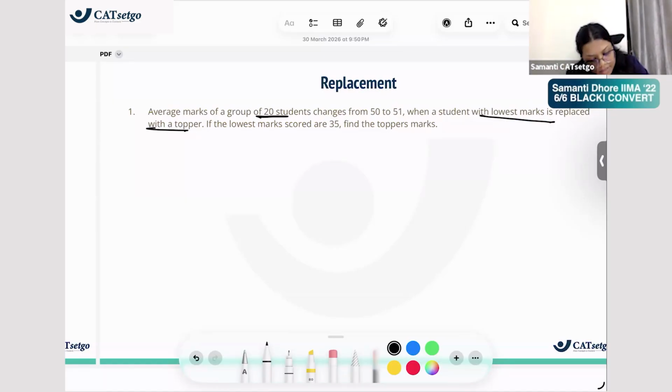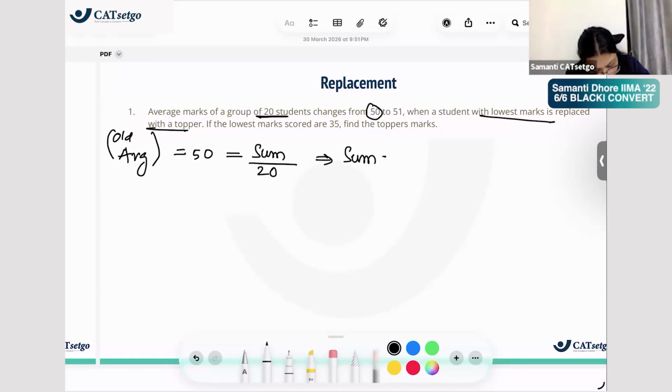तो traditional method से वैसे ही solve करोगे तुम, कि old average is how much, it's 50, right, 50 है for 20 people. And this is a sum with whom?